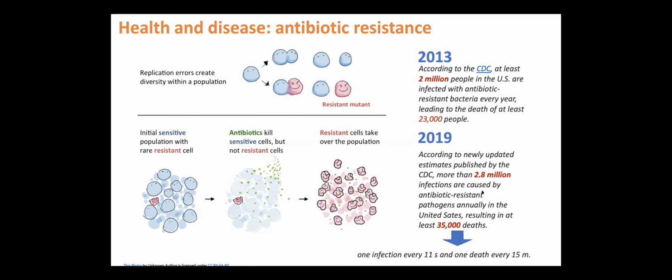That means one infection occurs every 15 seconds, and one death caused by antibiotic resistance happens every 15 minutes. So it's a very important disease, and something that we have to continuously focus our research on.